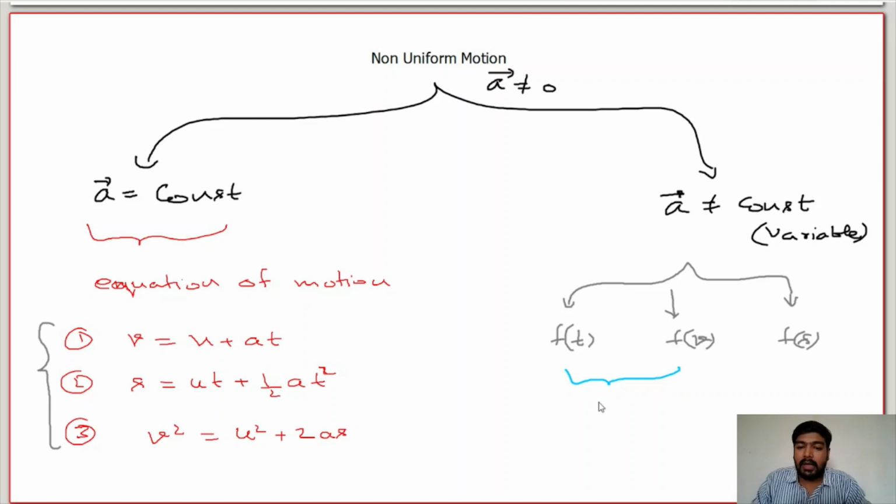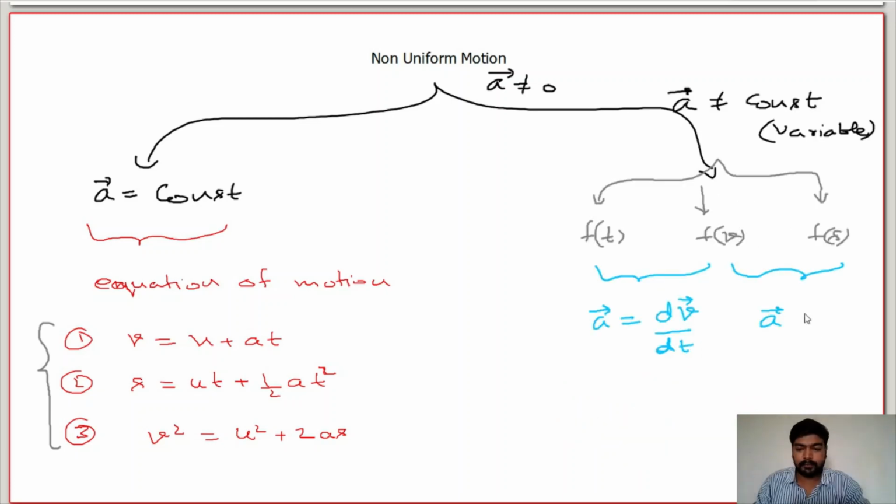In this case we can apply acceleration equals dv upon dt, or acceleration equals v vector into dv upon ds. I'm sorry because you are not able to see here, so I have moved it a little bit up. Okay, we can apply this here.